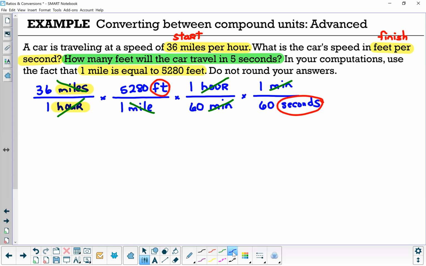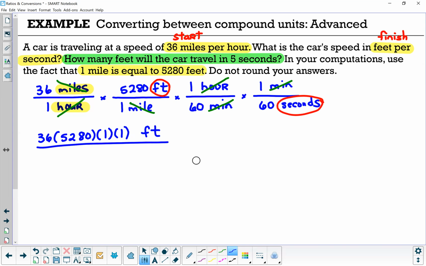All right, so now multiply through. We have in the numerator 36 times 5,280 times 1 times 1, and the units left are feet over.